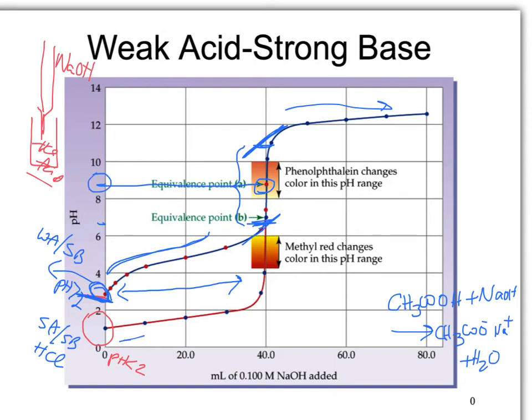That value is actually almost close to 9. And what does that tell you? That tells you that whatever you have in the solution, so for example, sodium hydroxide, which would have reacted with acetic acid, that would have generated sodium acetate and water.